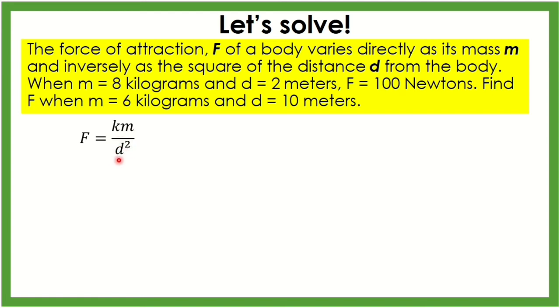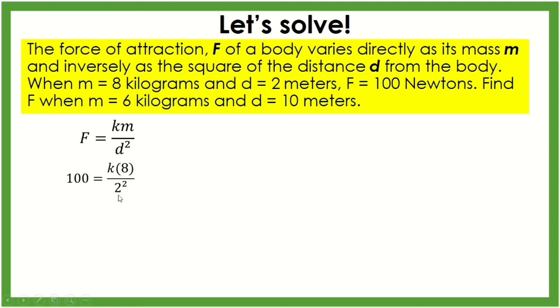Then, substitute natin yung value ng mass, distance, at saka force. F is 100 equals K. Hanapin natin yung value ng K. M is 8 kilograms all over D is 2 meters squared.